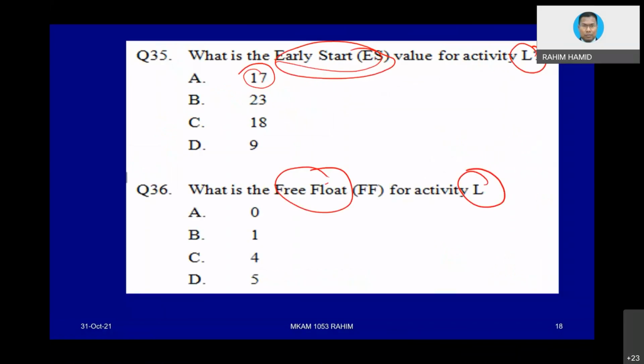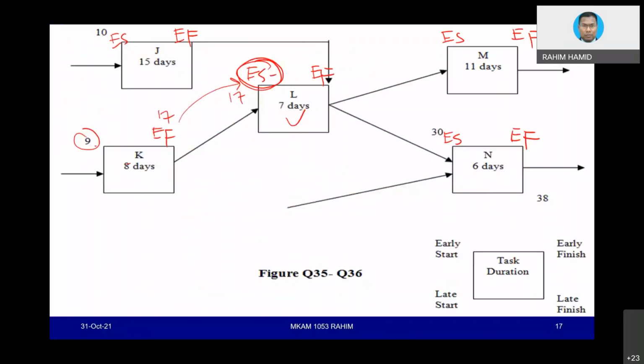But is that the correct answer? Well, let's start from J. J, 10 plus 15 equivalent to 25. So if 25 goes here, then 25 minus 7 would be equivalent to 18 instead of 17. So which one is the correct one? Is early start 17 or 18?